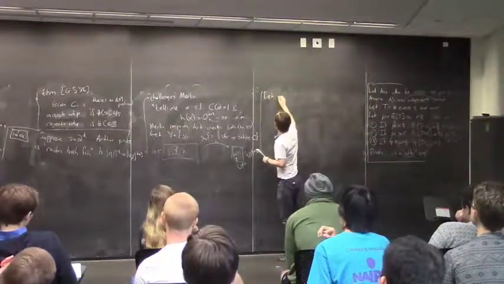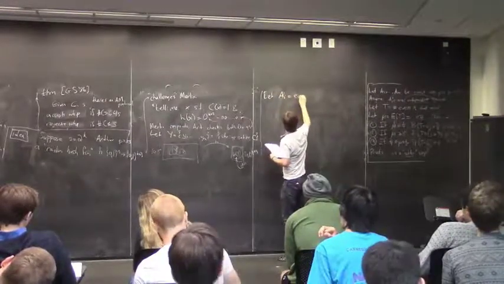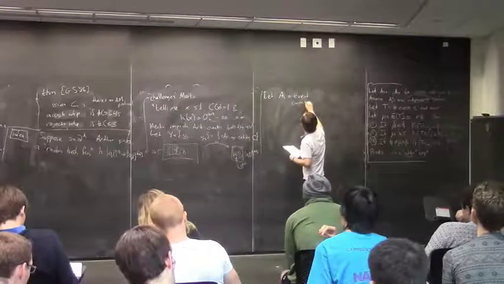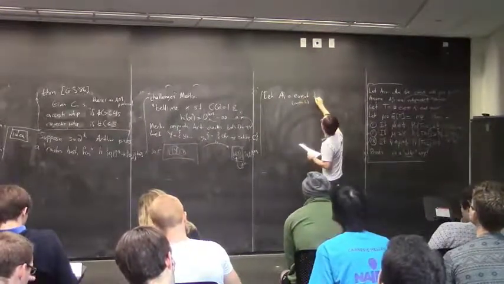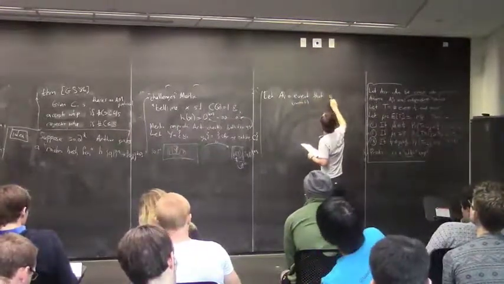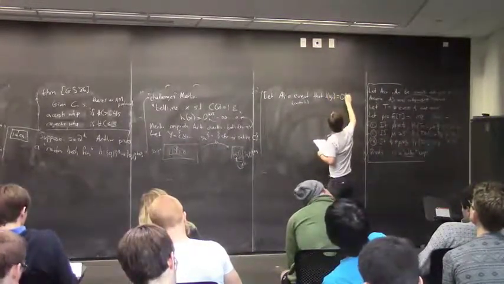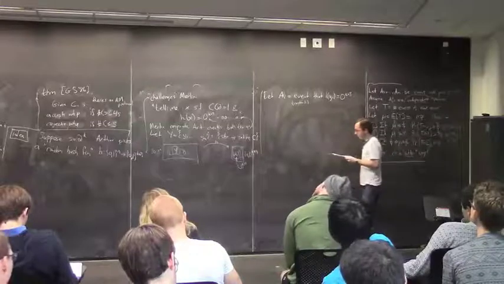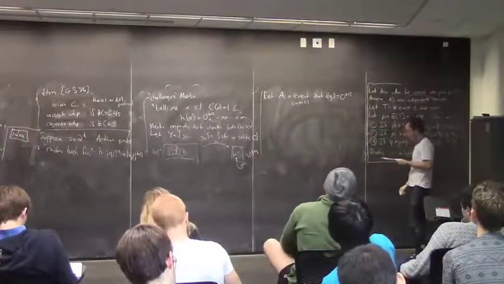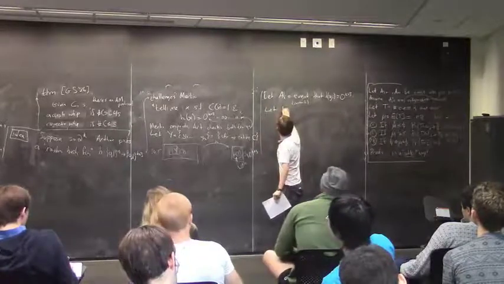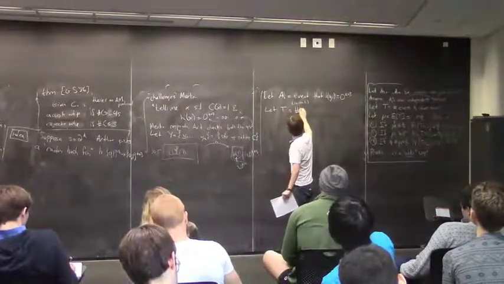And now we'll let A_i be the event, with respect to the random choice of H, that y_i hashes to all zeros. Great. And we'll let T be the number of A_i that occur.